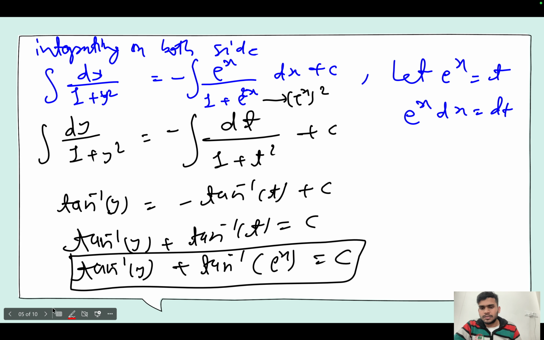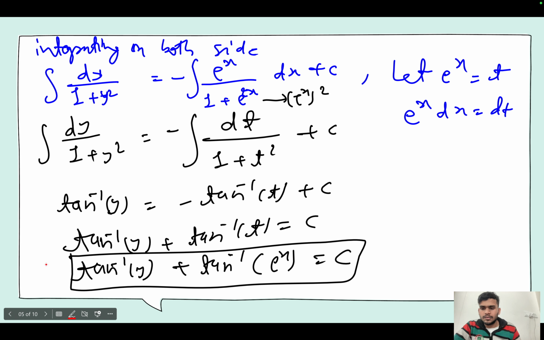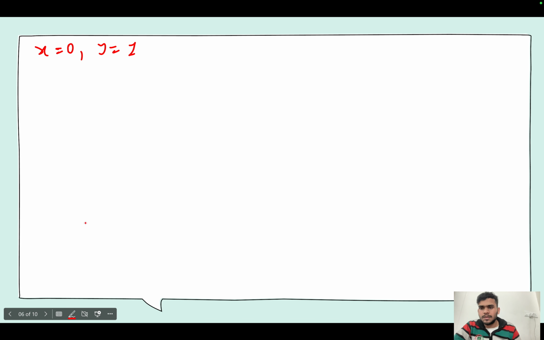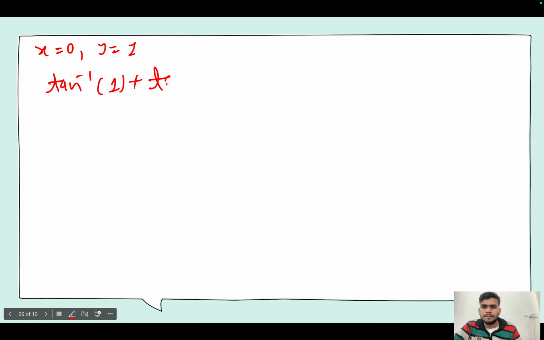So use this condition: x is equal to 0, y is equal to 1, so this will become tan inverse 1 plus tan inverse e to the power 0, e to the power 0 is equal to 1, so tan inverse 1 plus tan inverse 1 is equal to c.